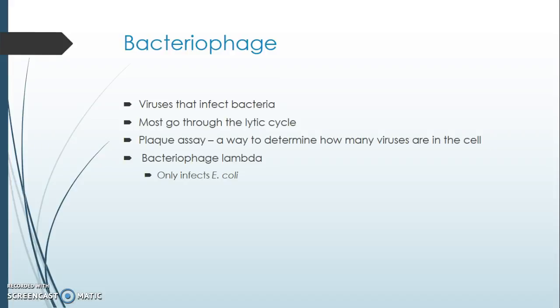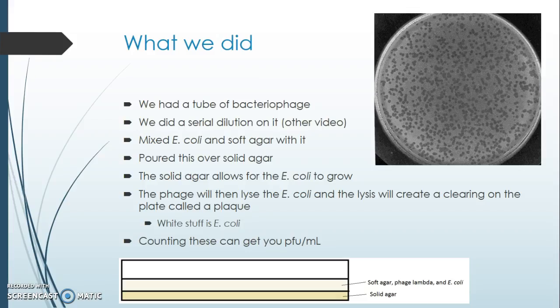Bacteriophage lambda infects E. coli cells. So what we did is we had a tube of bacteriophage lambda, and we did a serial dilution. I have another video on YouTube about serial dilutions with regard to this whole bacteriophage titration stuff. We did a serial dilution on that, and then we mixed E. coli in with soft agar.